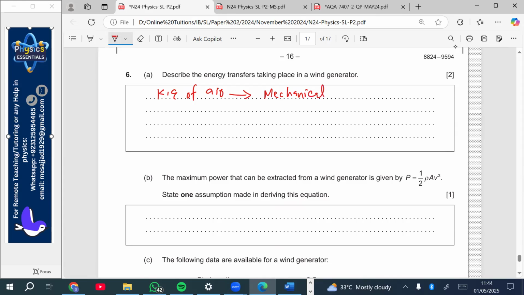For example, the fan is moving, that is mechanical, but the electrons are moving, you cannot see, right? But for the wind you can easily see the mechanical energy. And when the wind turbine blades move mechanically, they move the shaft in the generator, and inside it electrical energy is produced.